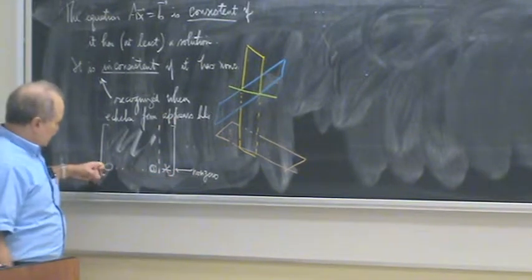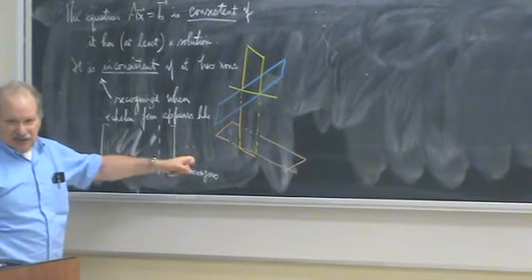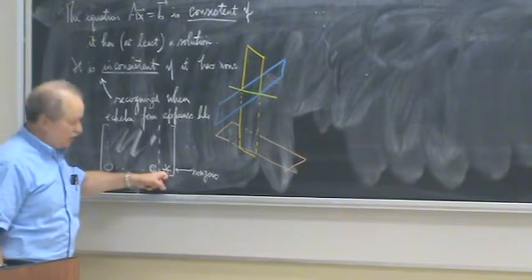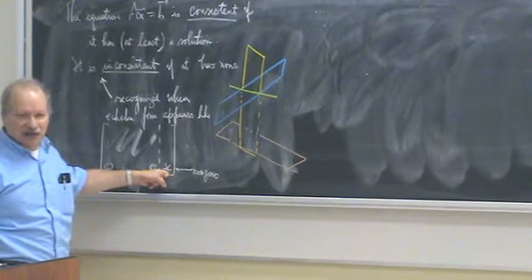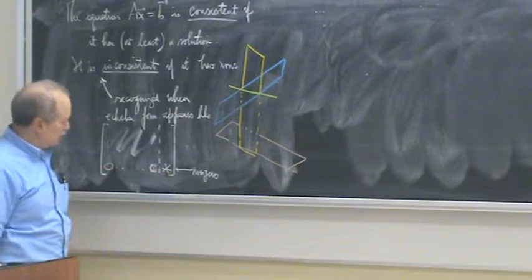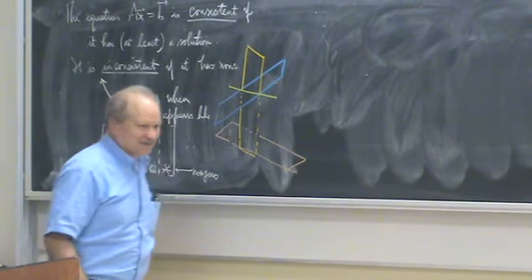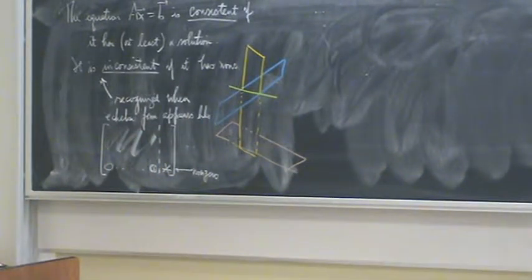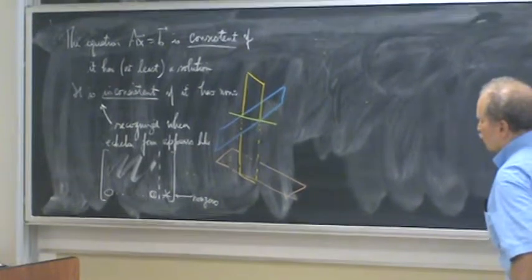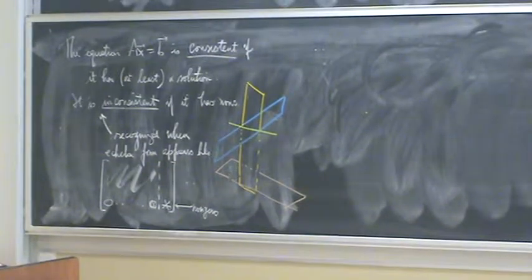Because that equation would say 0x1 + 0x2 + ... + 0xn = 3, and there's no real numbers x1 through xn that make that work. They're imaginary. Surreal.